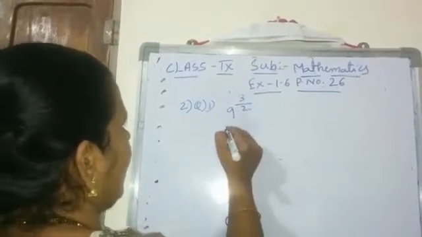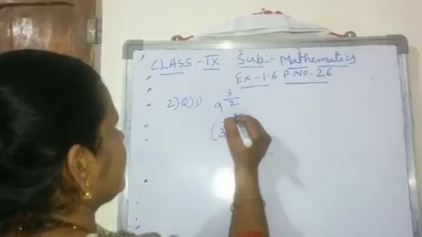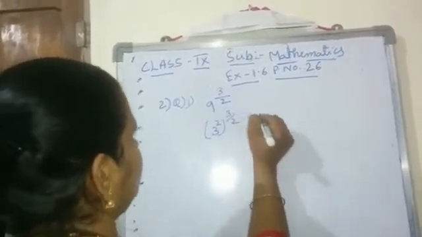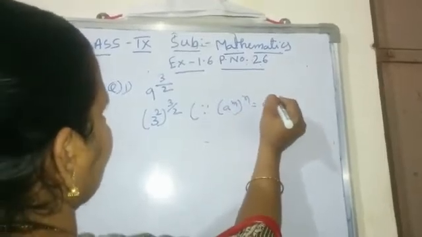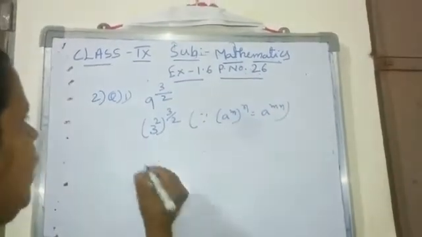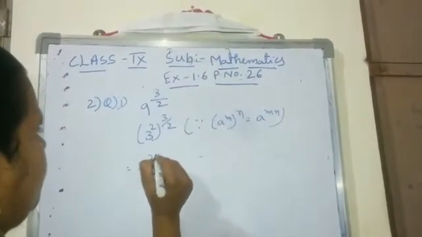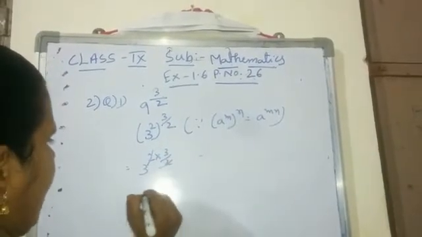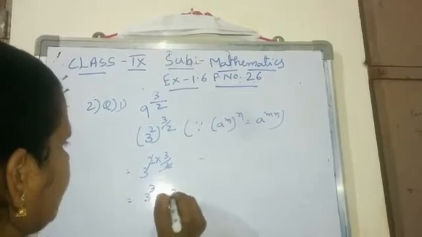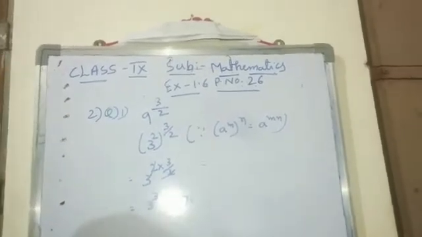Now see children, 9 can be written as 3 square to the power of 3 by 2, since the law is (a^m)^n is equal to a^(mn). So 3 to the power of 2 into 3 by 2. So 2 and 2 will be cancelled. 3 cube is equal to 27.